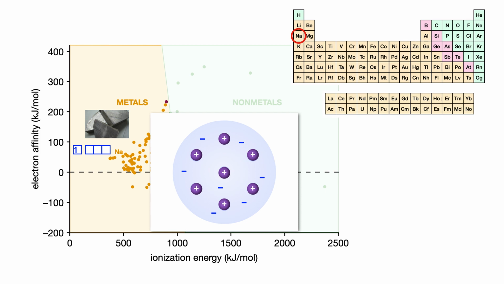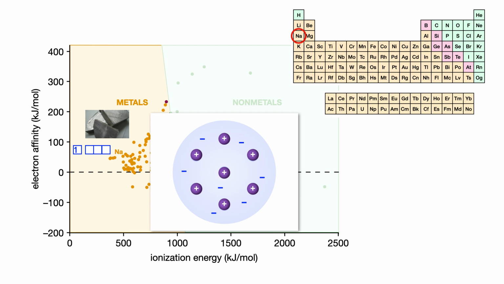And the result is a solid which tends to be fairly easy to deform, and so it's soft, it's ductile, and malleable. And also, because the valence electrons are free to move throughout the metal, these solids are highly conductive. They conduct electricity really well.